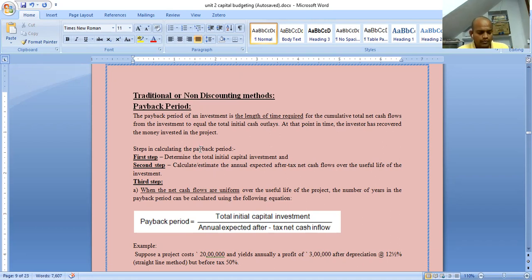Whenever we consider cash flows, we must consider only the after tax cash flows in capital budgeting, over the useful life of the investment.